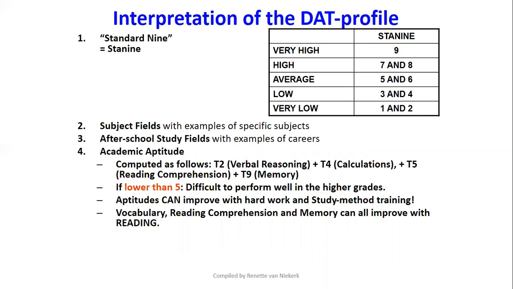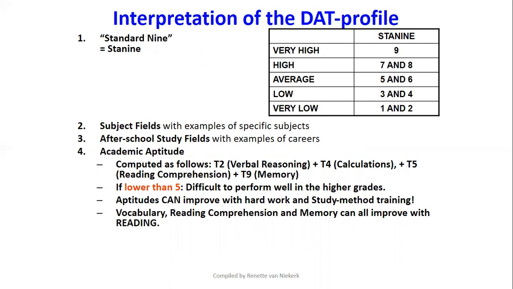Then you will also find subject field recommendations with examples of specific subjects that you can consider, and then also a graph with your after school or your tertiary study fields with examples of careers. And the fourth graph that you will find is your academic aptitude, which we compute as follows.